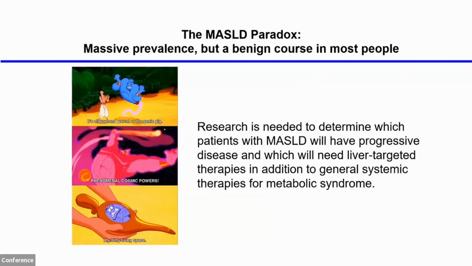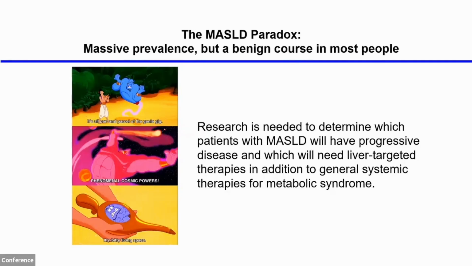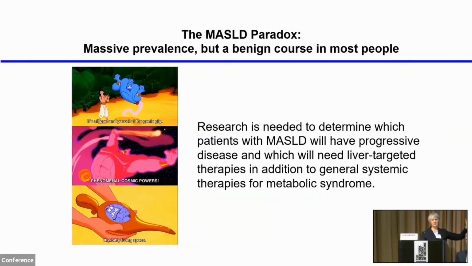So this slide's just to highlight what I call the MASLD paradox. Massive prevalence, but a benign course in many people. The cartoon is from Aladdin, when the genie comes out and he's complaining that he has cosmic powers, but a teeny tiny living space. So in the liver world, we're left with the need for research to determine which patients with MASLD will have progressive disease and which will need liver-targeted therapies.